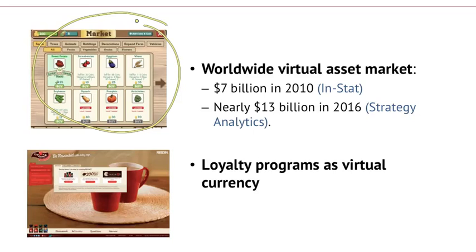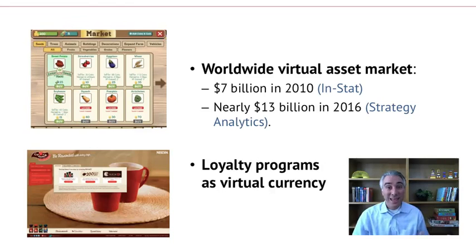So people think of those virtual goods as being really worth something, either because they had to pay for them or because they had to work very hard to get them. This has been so successful that overall the virtual goods market is estimated at $7 billion worldwide in 2010, growing to $13 billion by 2016.